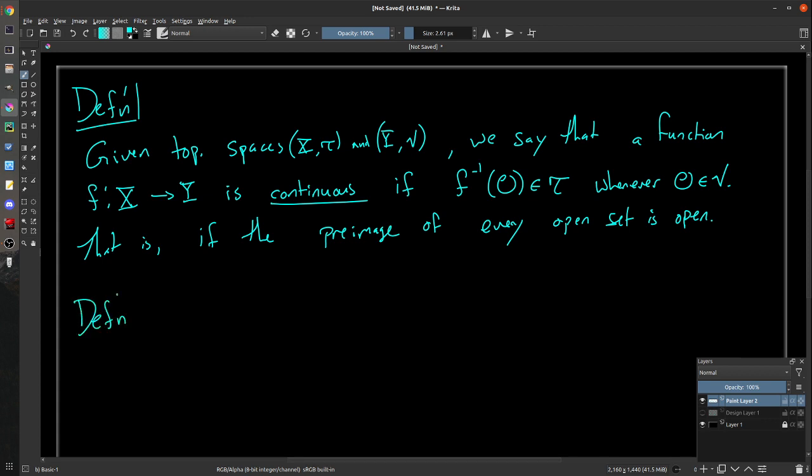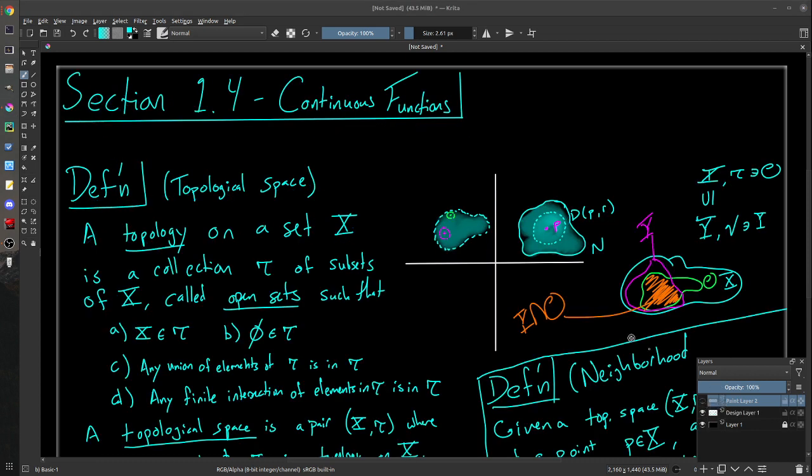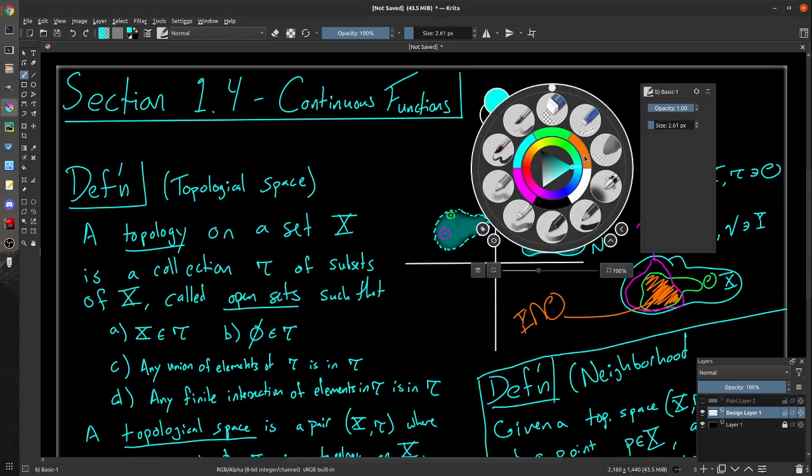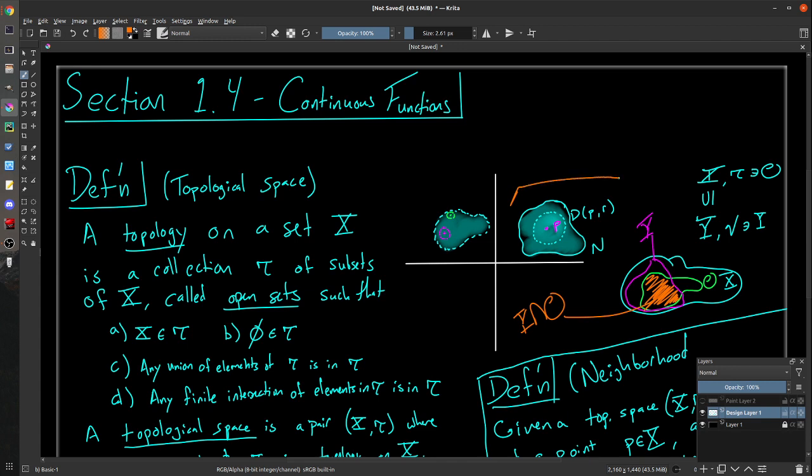So, I should re-mention something. This is a tiny thing, so I'll write this in a different color. While we did the disk right here, this disk about a point with radius r, people will also talk about a deleted neighborhood or a punctured disk.